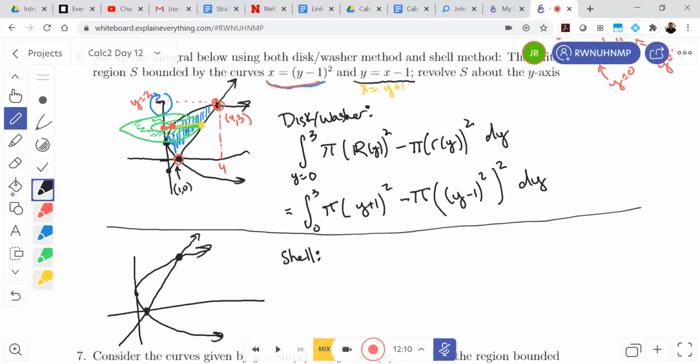And so what we end up with is still this region revolved around the y-axis. But this time we are constructing these shells. Right, we're taking lines that are parallel to the axis of revolution, and we are constructing these cylindrical shells as a result.